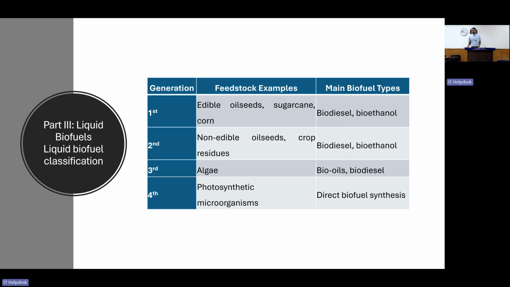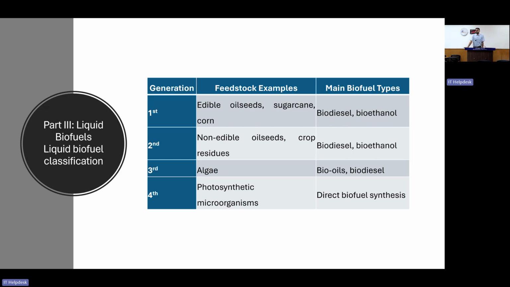In the first generation, mostly edible oil seeds, sugarcane, and corn are considered for biofuel conversion, and mostly we get biodiesel and bioethanol from them.